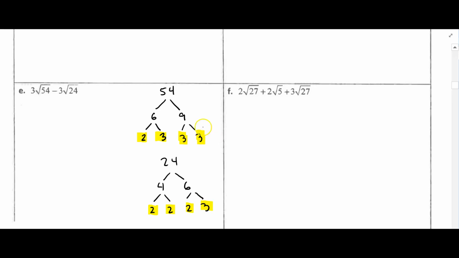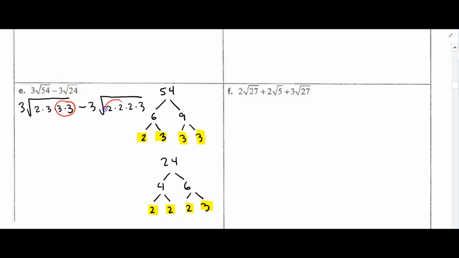Let's go ahead and put all this back into the problem. So this is 3 times the square root of 54, which is 2 times 3 times 3 times 3. So I've got a pair over here, which I'll take out in a minute, minus 3 times the square root of 2 times 2 times 2 times 3. I'm just taking these 4 prime factors and putting them under a radical instead of square root of 24.